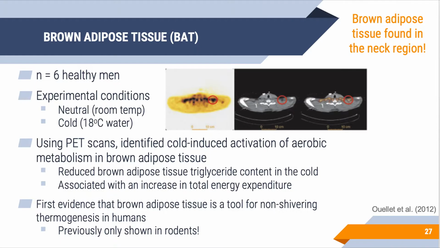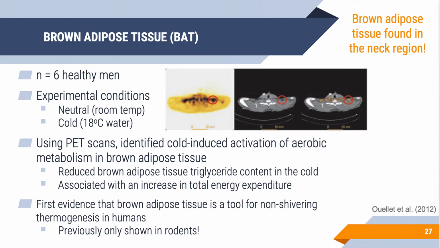And they took PET scans to look at cold-induced activation of brown adipose tissue. And really what we're looking at here is a top-down view of basically the neck region. And in this image, what we can see is those dark spots is brown adipose tissue. So brown adipose tissue is typically found right around the neck, the base of the neck, and it's actually thought to play a role in preserving brain temperature in response to the cold.